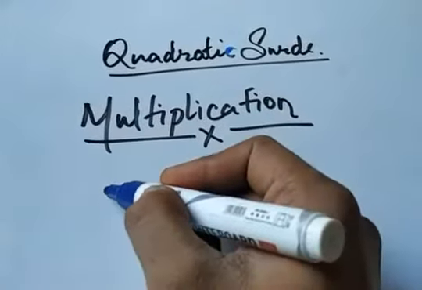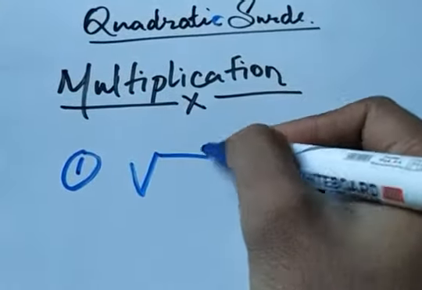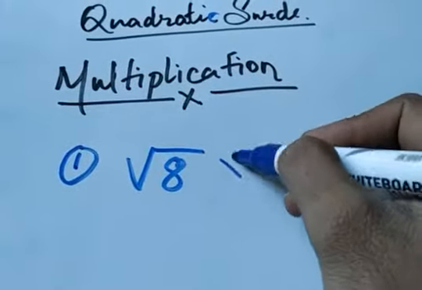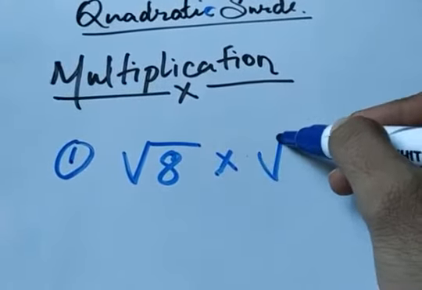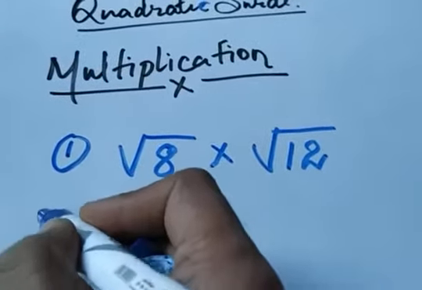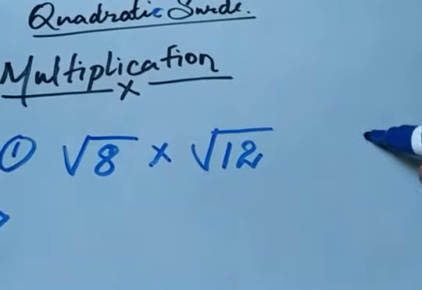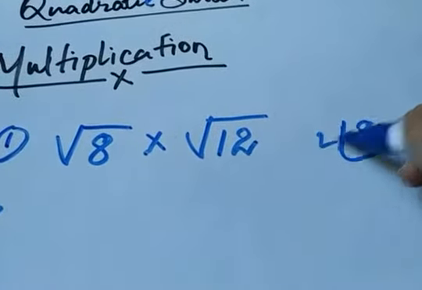Just to understand, suppose we are multiplying two surds. One is root 8 into root 12. If you are multiplying these two surds, you should know we will always first simplify the surds like we have been doing before. You have root 8, so take the LCM.